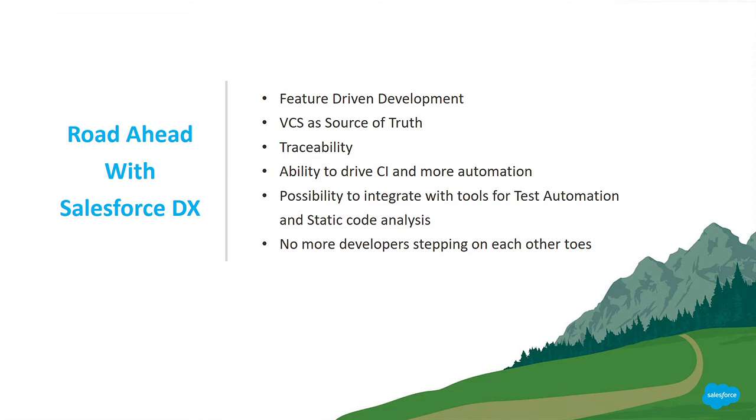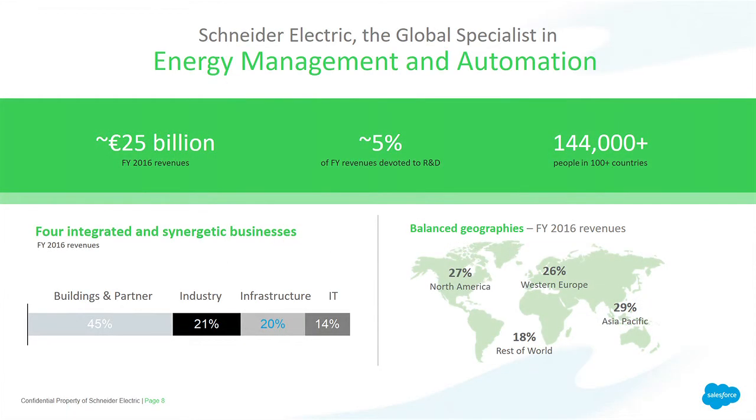Sure. Thanks, Vishnu. I am Ram Iyer, the principal architect at Schneider Electric for the Salesforce implementation that we have there. Before I move on to what we do, just a quick overview of what Schneider Electric is. We are the global specialists in energy management.